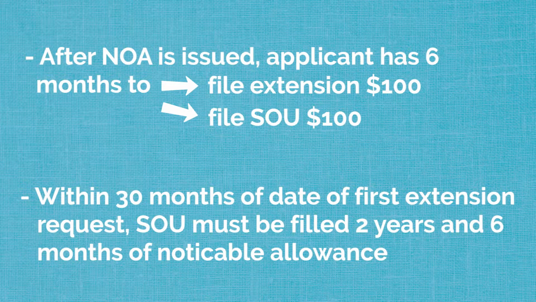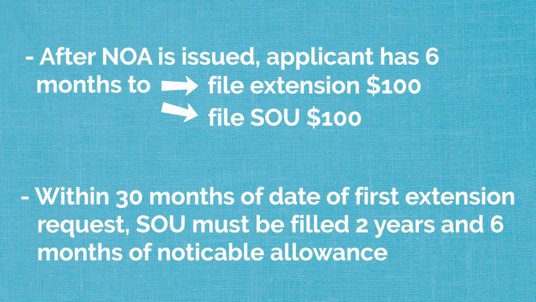Okay. However, within 30 months of the date of the first extension request that you file, the statement of use must be filed with the government, and that obviously the statement of use will include your specimen. Okay.